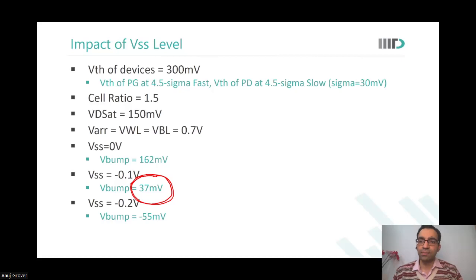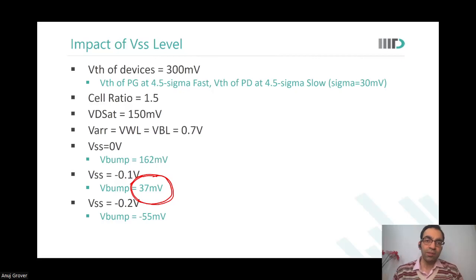Sir, why can't we put it to minus 0.2 all the time? Just let me finish. You will notice that in academic literature, many people propose such funny schemes without really talking about how to implement VSS in a manner that the capacitance of VSS is low enough.